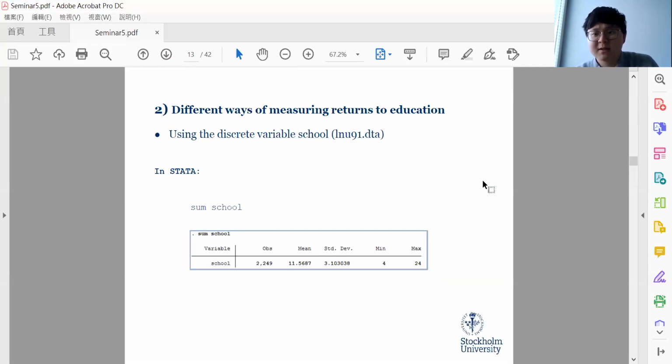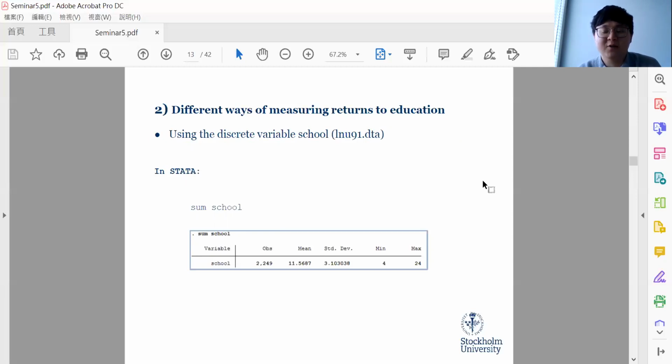So we take returns to education as an example. By using different ways of measuring, if the results are similar, it means that the statistics you get are stable enough across different specifications. So by constructing different ways of measuring the same thing, you can make your results more credible.